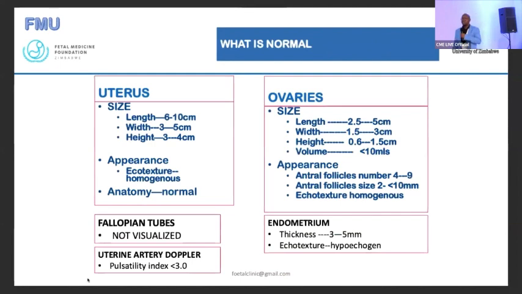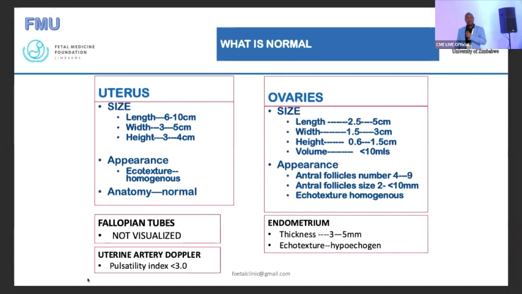So what is normal? This is a look at the normal dimensions of the uterus and the ovaries. You have a length of 6 to 10, width of 3 to 5, height of 3 to 4. We don't want to bother you too much with that. I think we had a nice talk on the basic science. When you do the scan, the normal uterus will have a homogeneous echo texture.